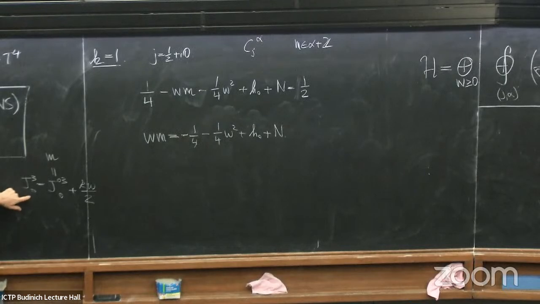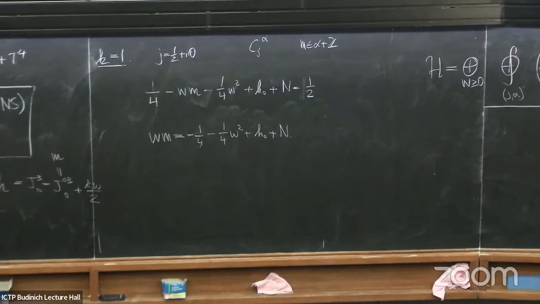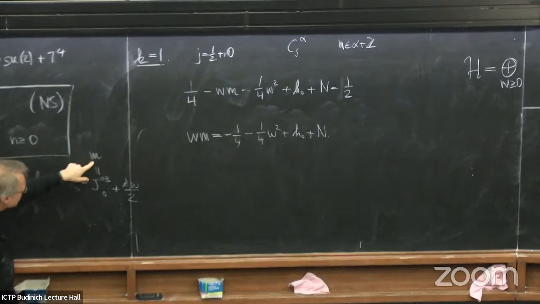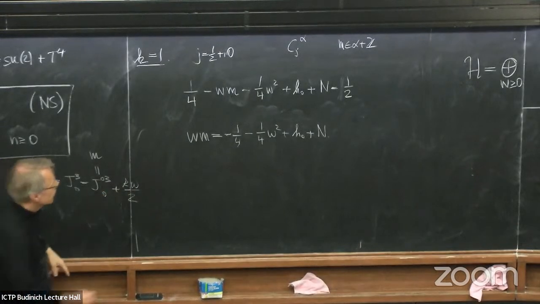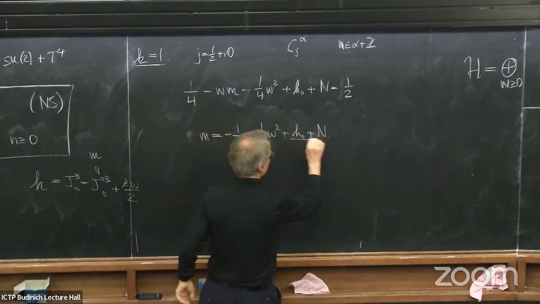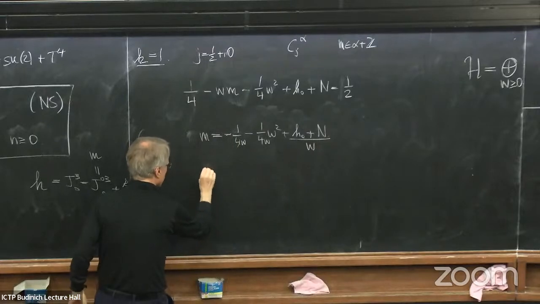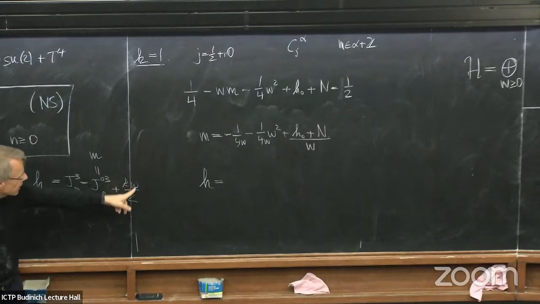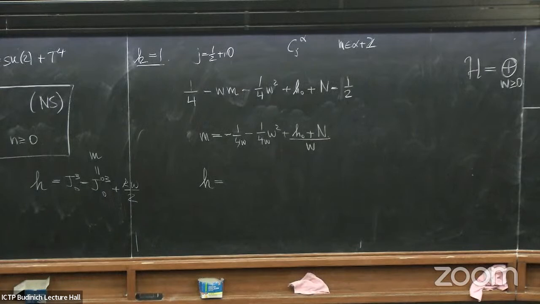Remember, that was the term that appeared in the shift formula for the conformal dimension. So if I'm interested in this, remember, this is the scaling dimension of the dual CFT. So I can also call this H, and think of it as the conformal dimension as seen from the point of view of the space-time theory. For that, I should not look at M; first of all, I should divide by W. Then in order to find the space-time conformal dimension of the corresponding state, I have to add KW over 2, which is just W over 2.